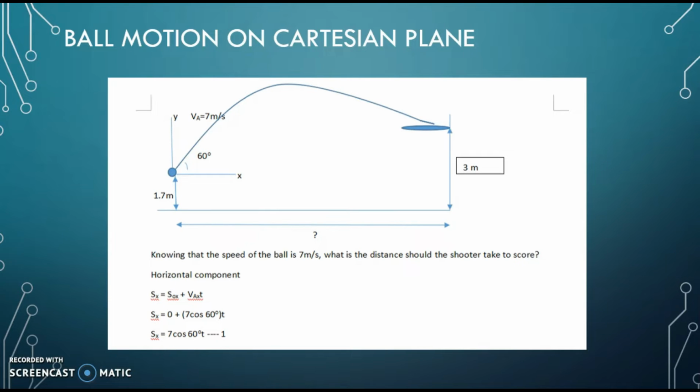So for the horizontal component, the final displacement is equal to the initial displacement plus initial velocity times time, and supposedly plus 1/2 times a times time to the power of 2, but the acceleration of the horizontal component is 0, so the formula remains just like this.